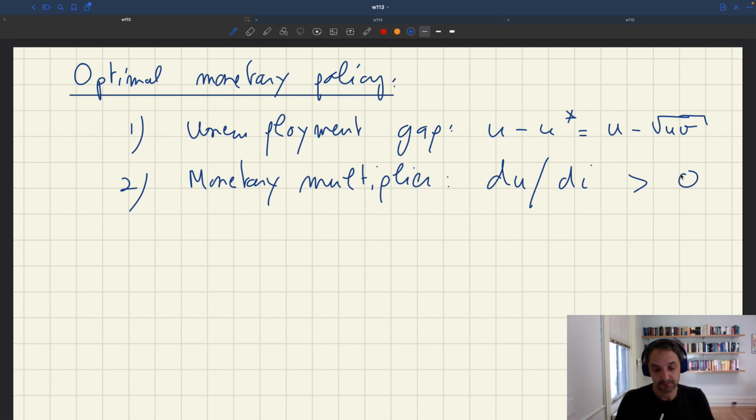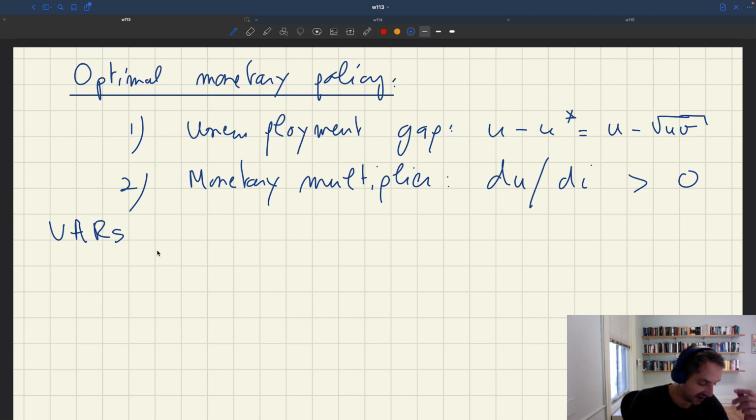There is a whole literature that tries to do that using VARs and variations of the VAR, vector autoregressions.